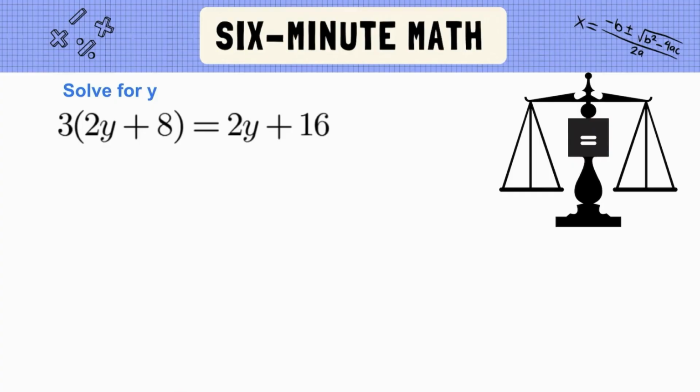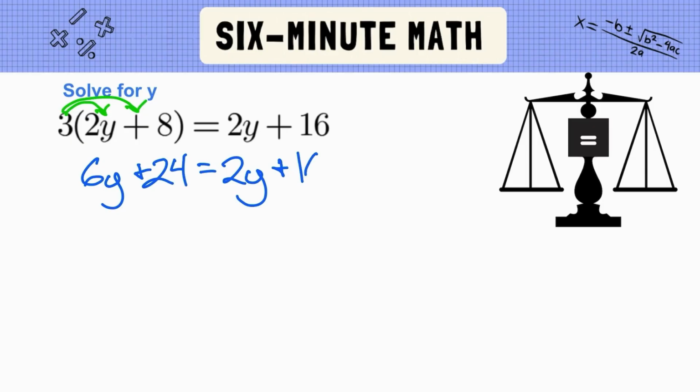So my first step for this equation is going to be to distribute my 3 to get rid of my brackets. 3 times 2y is 6y, and 3 times positive 8 is positive 24. That is going to equal what I have on my right side, which is 2y + 16.